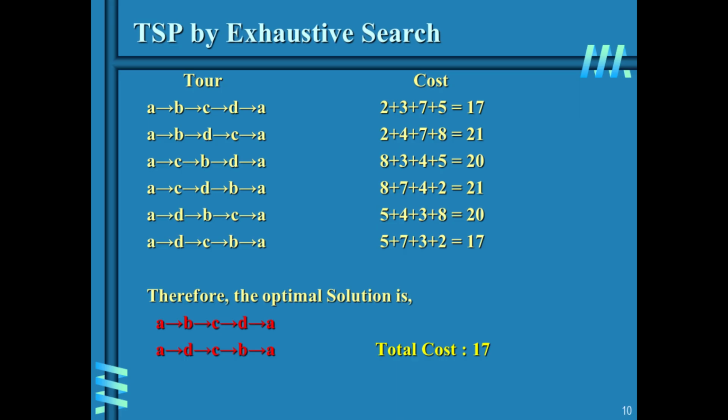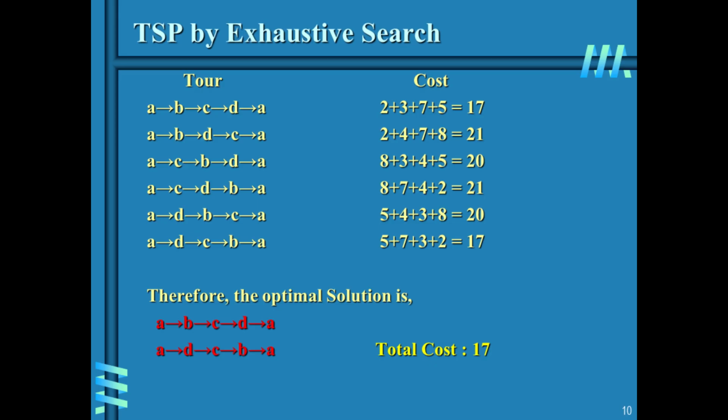The third possible way is A to C, C to B, B to D, and D to A. So the total cost here is 20. The fourth possible way is A to C, C to D, D to B, and B to A. So the total cost here is 21.